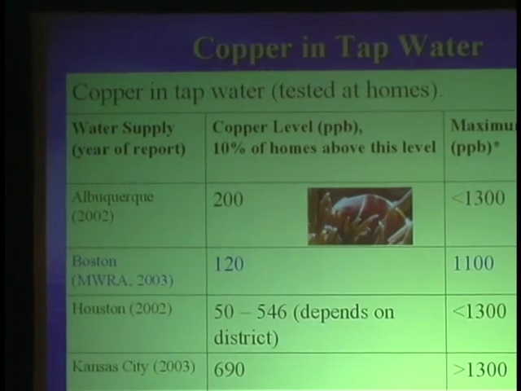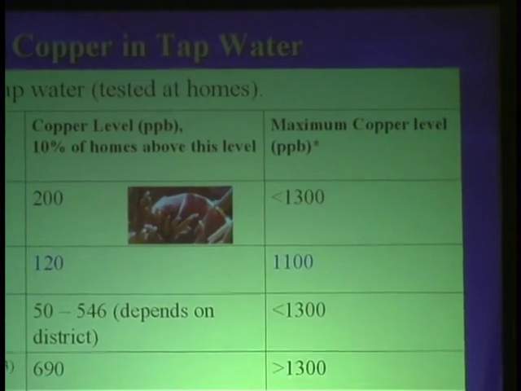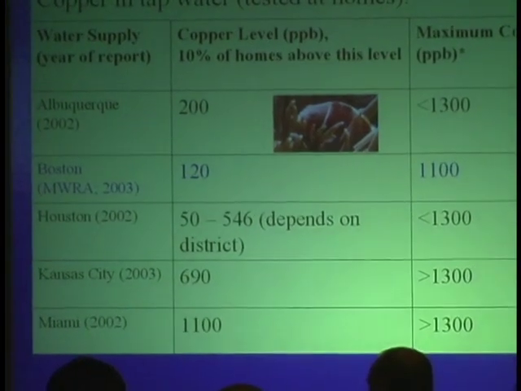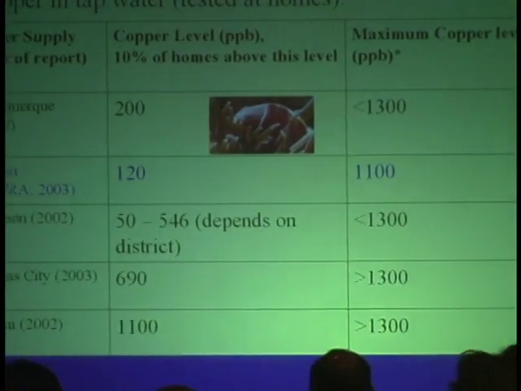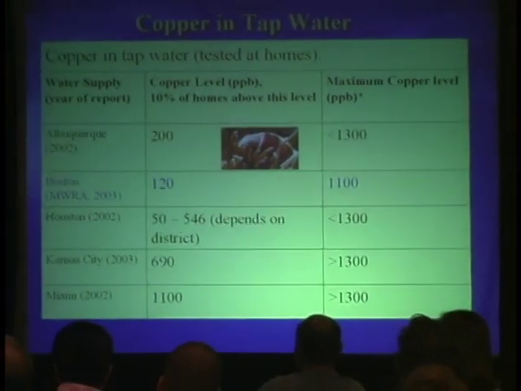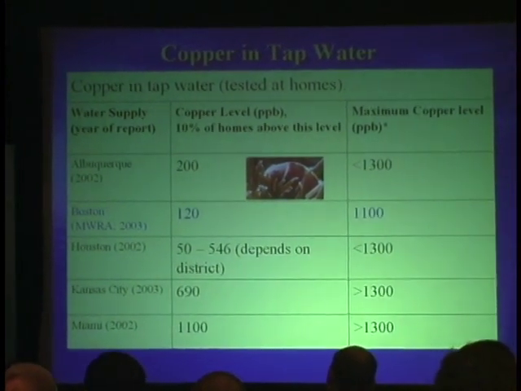There's no question that most people would say 1,100 is too much. So some of the people in the Boston area should not use their tap water, there's no question. I think 10% of the people probably have substantially too much copper in their tap water here. But some of them have very low levels. People in Miami seem to be the worst off. 10% of them have 1,100 parts per billion.